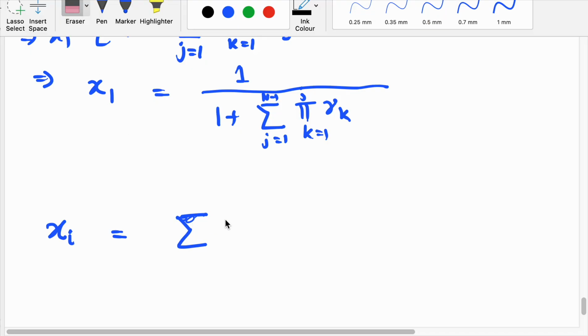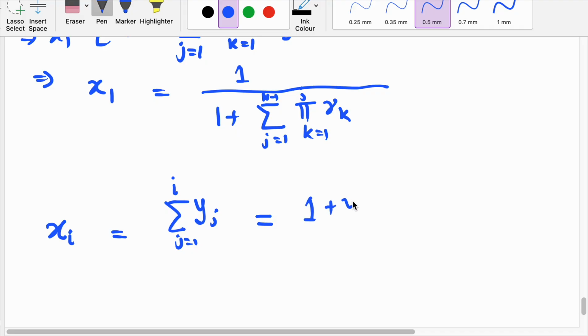Summation of yk for k equal to 1 to j will become y1 plus y2 plus dot dot dot plus yj.